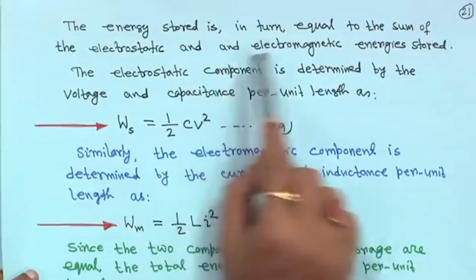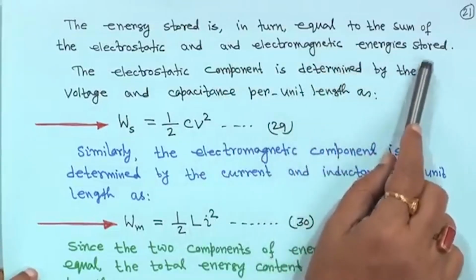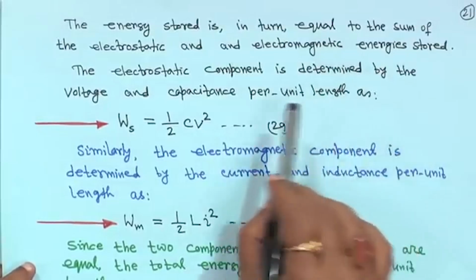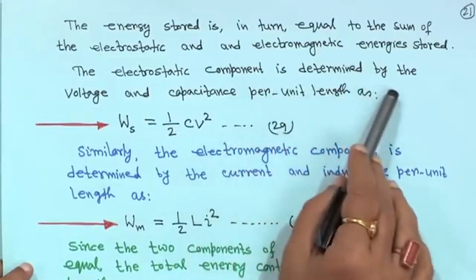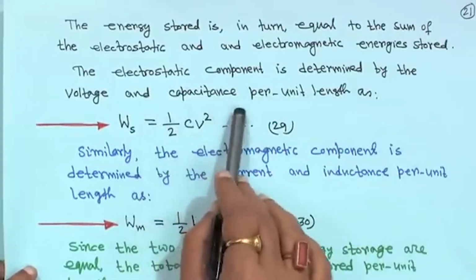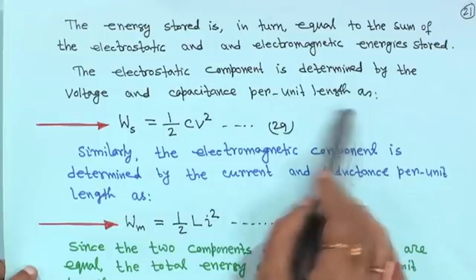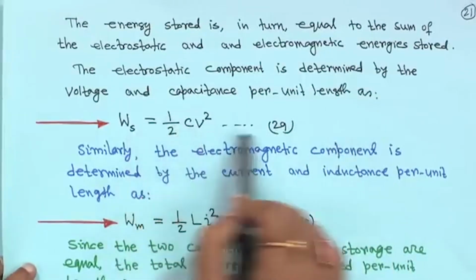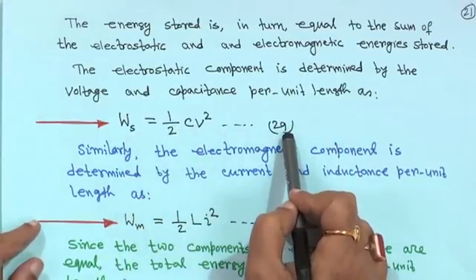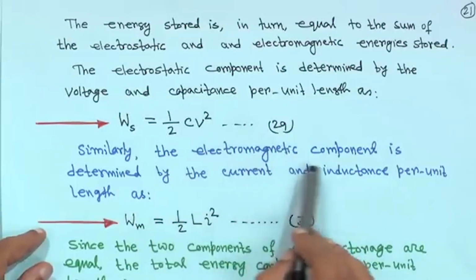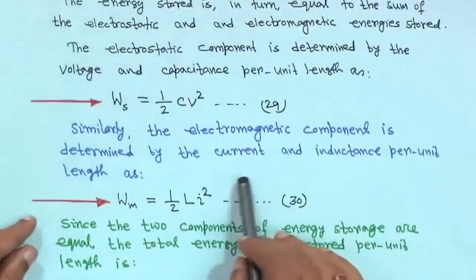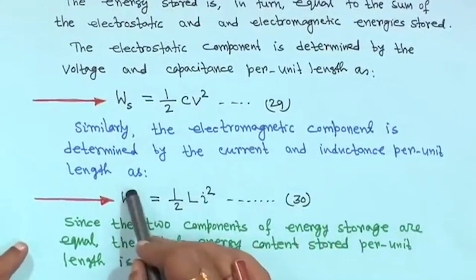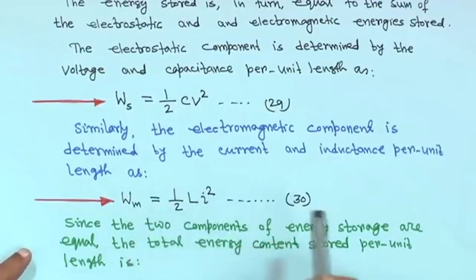The energy stored is equal to the sum of the electrostatic and electromagnetic energy stored. The electrostatic component is determined by the voltage and capacitance per unit length: Ws = half C v square, equation 29. The electromagnetic component is determined by the current and inductance per unit length: Wm = half L i square.